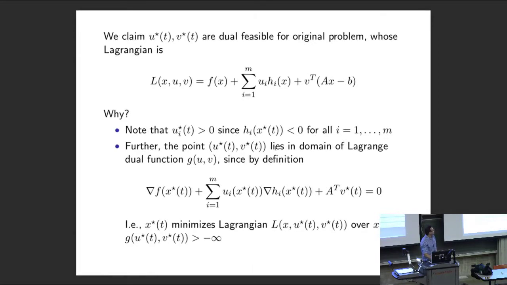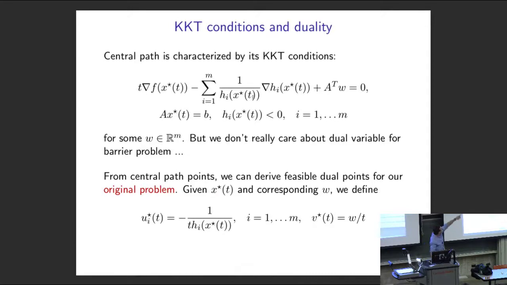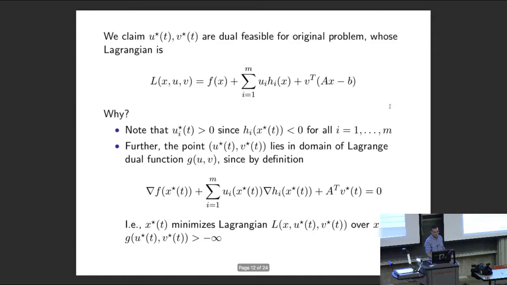And furthermore, this point lies in the domain of the Lagrange dual function, meaning that it's not infinite or negative infinite at that point, because by definition, if we plug in these two points in the definition of stationarity, you're going to see that this is just exactly ui times the grad of hi, times also a t, and this is just going to be exactly t times A transpose v. All the t's will cancel, and you get this condition.